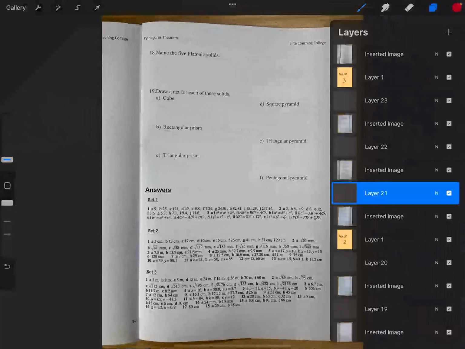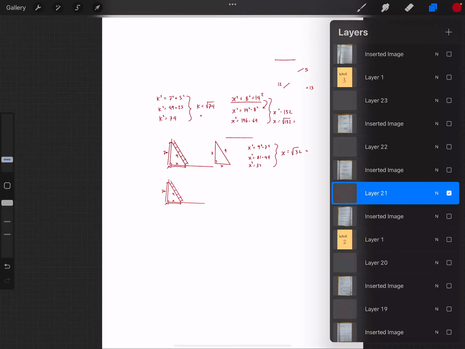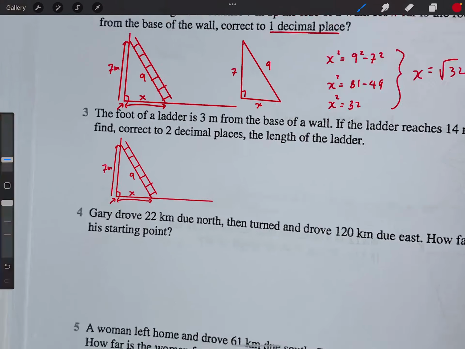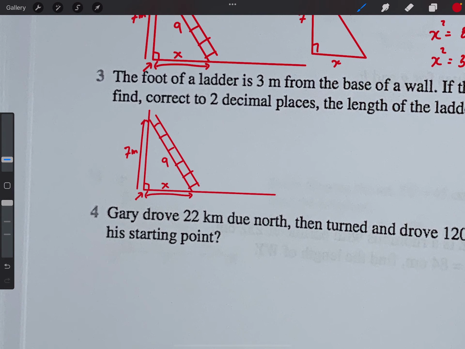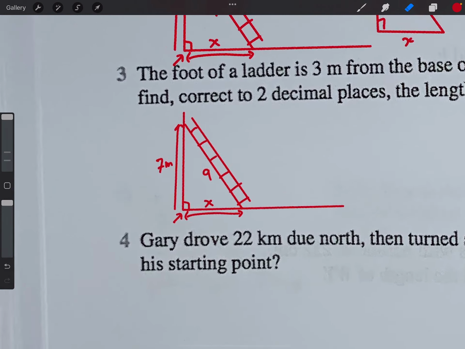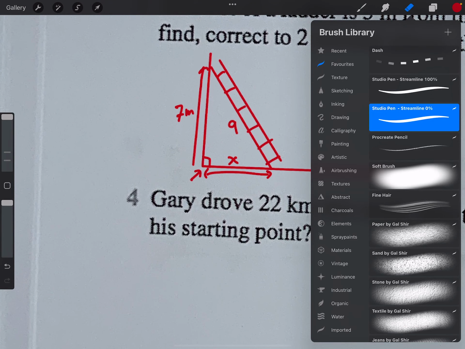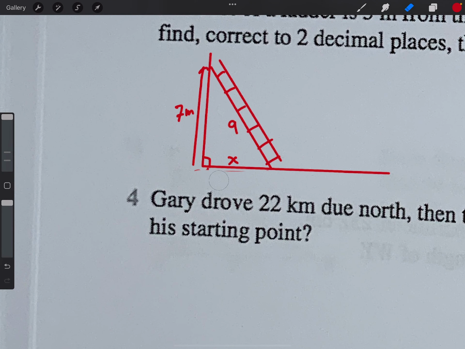Alright, so we have this shape, and the foot of the ladder is 3 meters from the base of the wall, so this is 3.